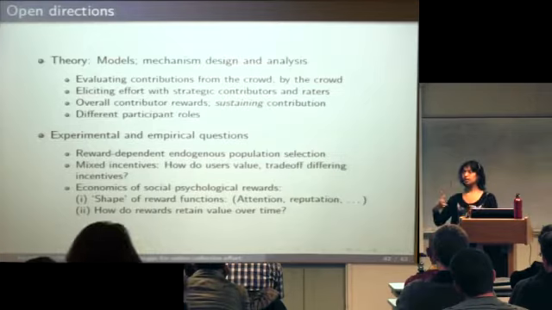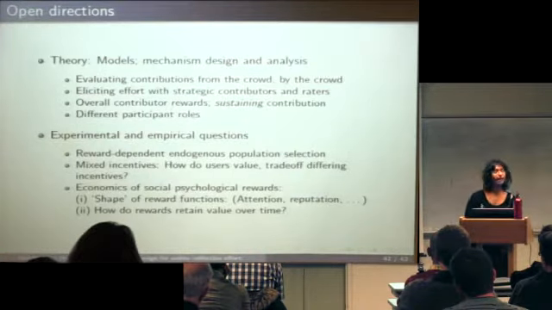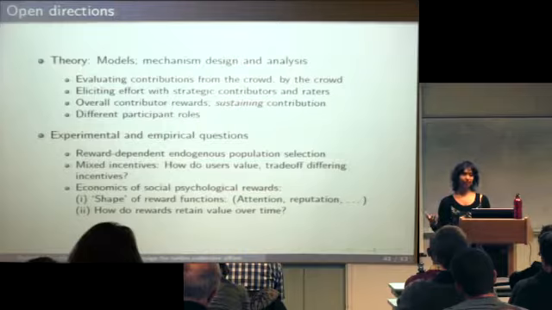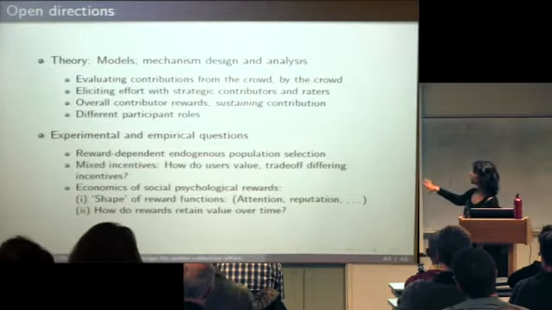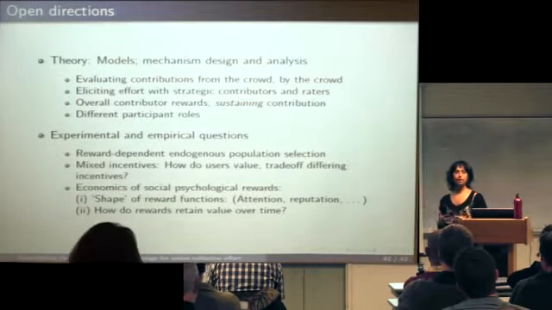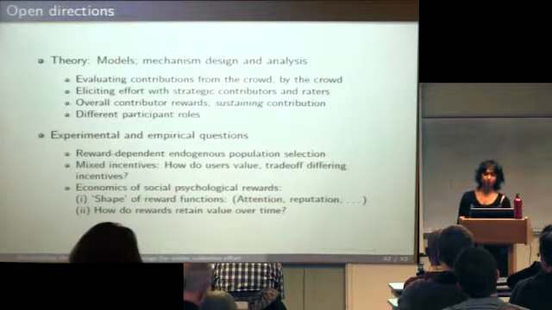Do you like attention and need it more the more you've got? Do you like it less? And so on. And how do rewards retain value over time? We have some understanding of how money accumulates value over time, but how do social psychological rewards behave over time? So there is a whole bunch of interesting theory questions, and together with that also a bunch of very interesting empirical and experimental questions about how people really behave.